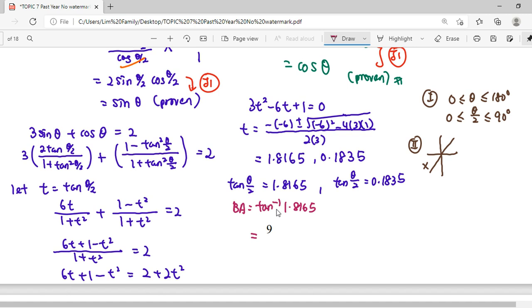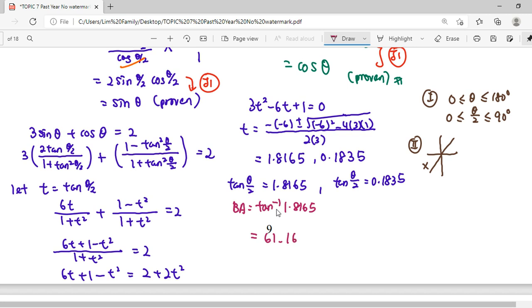So here, when we have shift tangent 1.8165, our degree basic angle is 61.166.